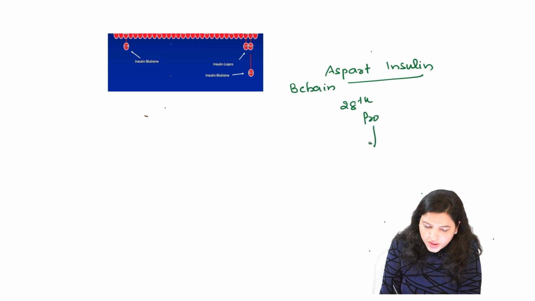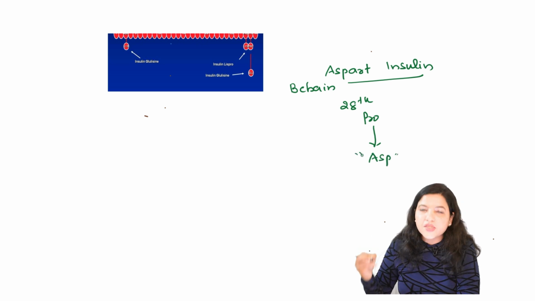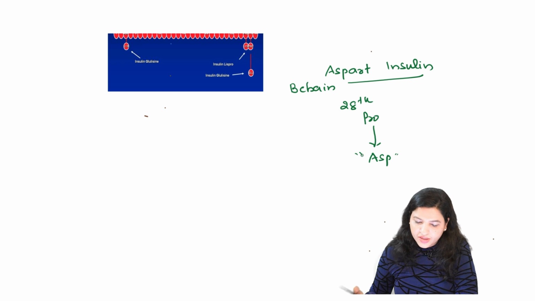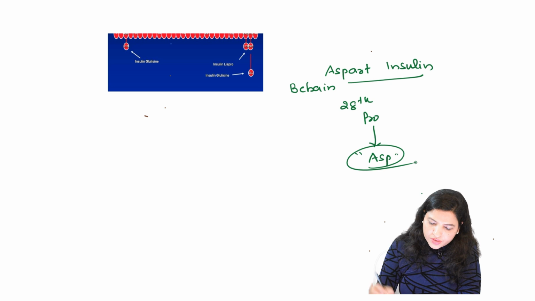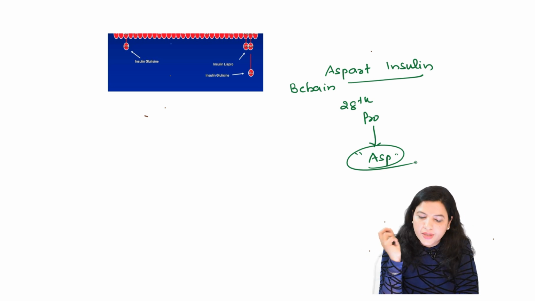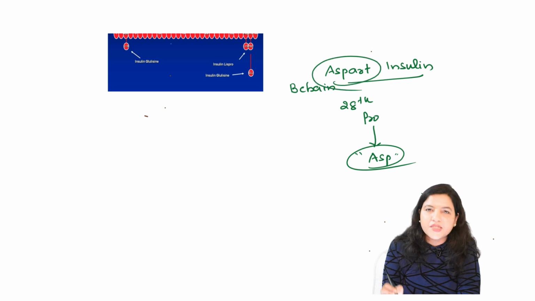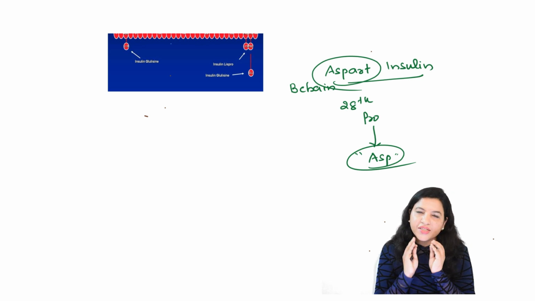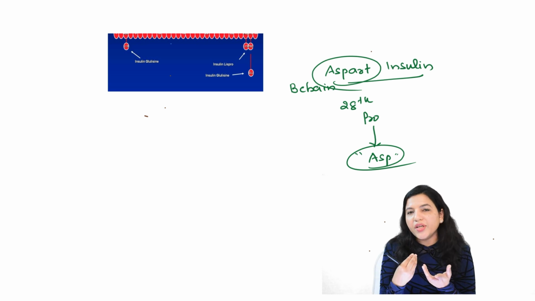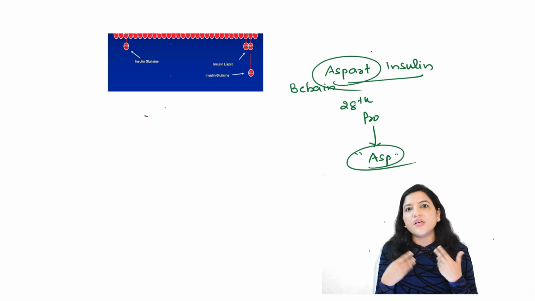This proline is replaced by aspartic acid. So the newly arrived amino acid is aspartic acid. So what is the name? It is aspart insulin. Even if you don't know anything, you can guess from the newly arrived amino acid and come to an answer.